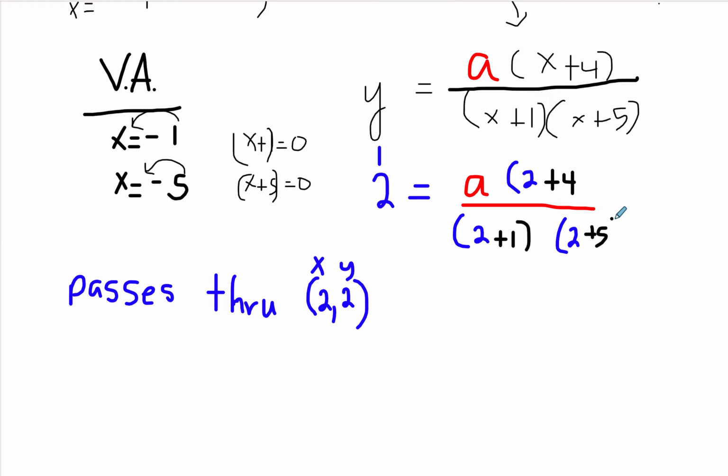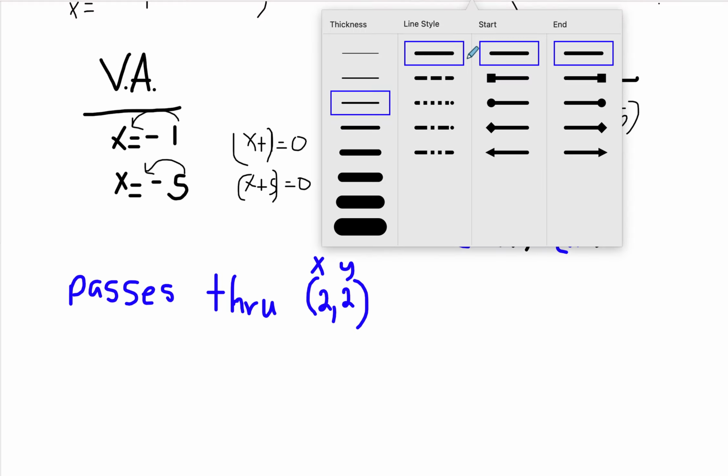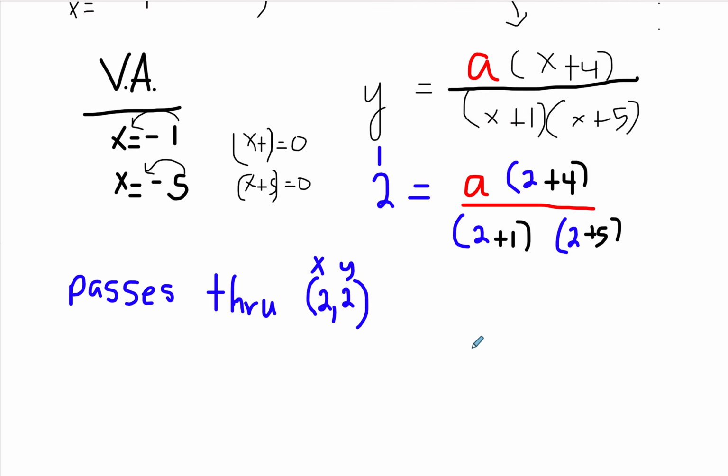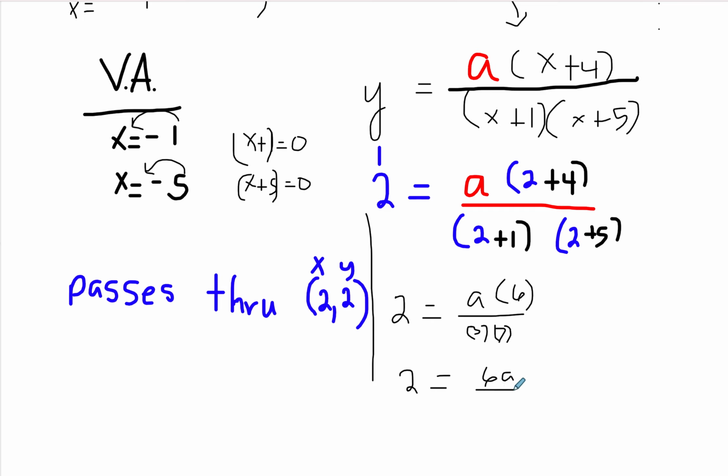And notice these numbers are being added, so go ahead and add them and do what you're supposed to do with them. So come straight down here. 2 equals a times 6 over 3 times 7. All right. Now 2 equals 6a over 21.